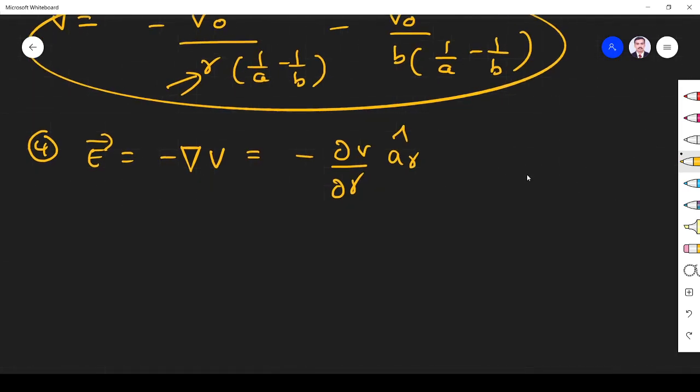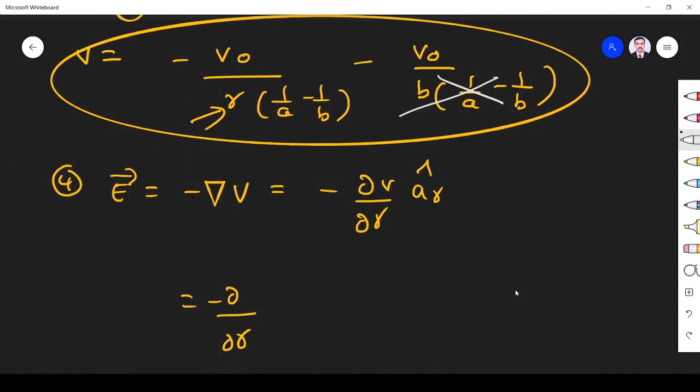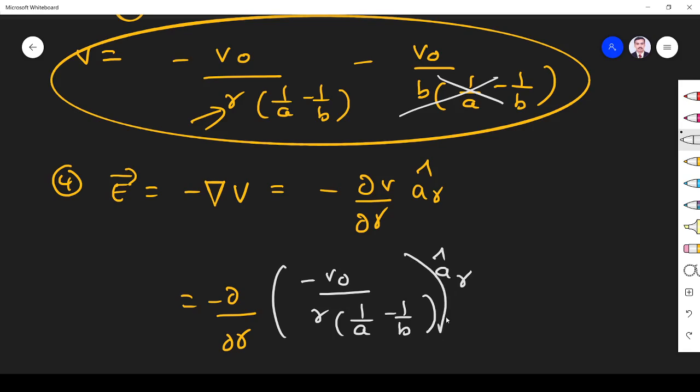So dou V by dou r a r. This V I differentiate with respect to r. This only has r; this factor has no r, that means it is constant, so I can neglect it. So this will become 0 when I apply here. So I take only minus V naught divided by r into 1 by A minus 1 by B into a r, right?